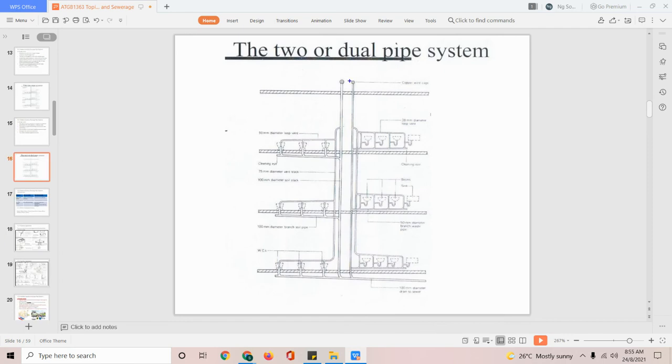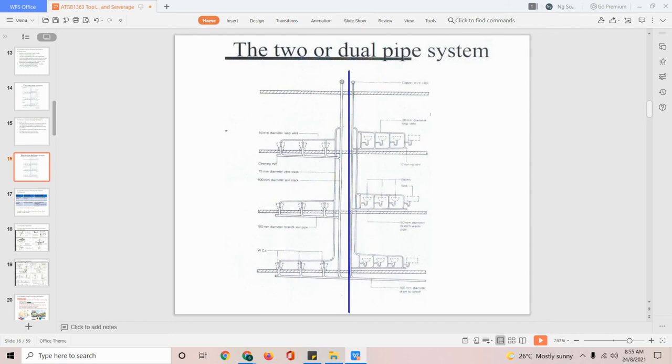Then we have separation. So the difference between all these systems is that the first one is the most economical because we only have one pipe, but then it also has the least capability, meaning it's able to allow the least amount of water to flow through, meaning how much volume.